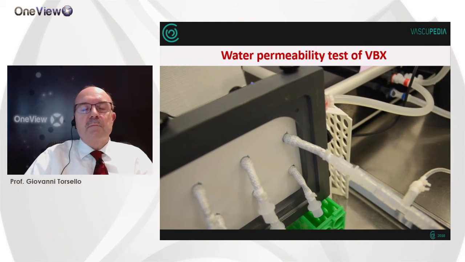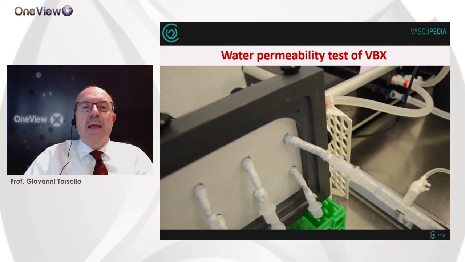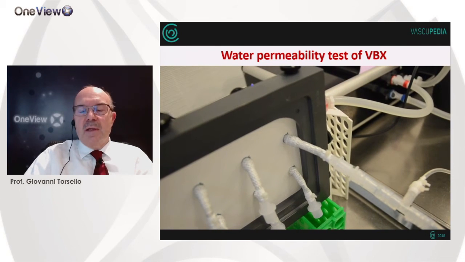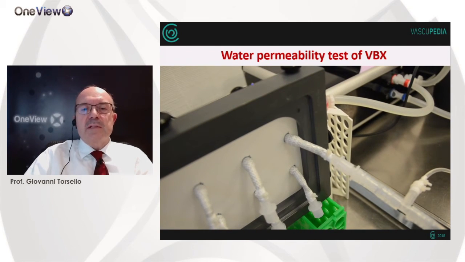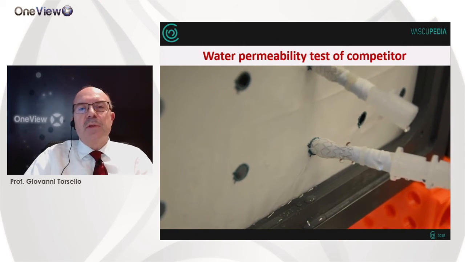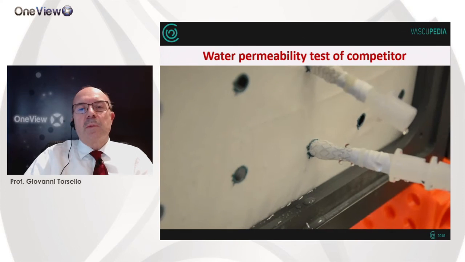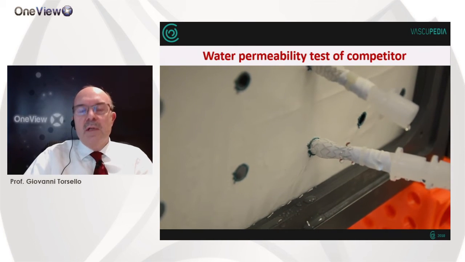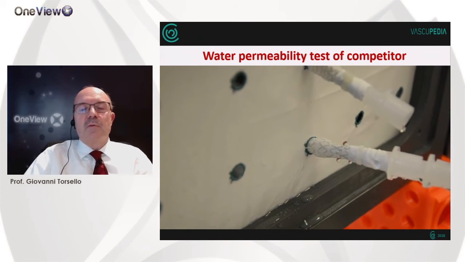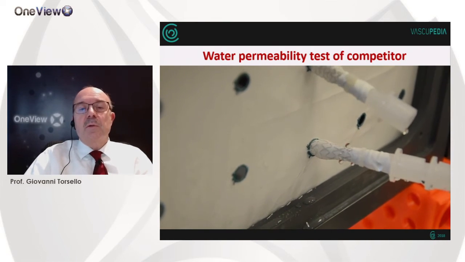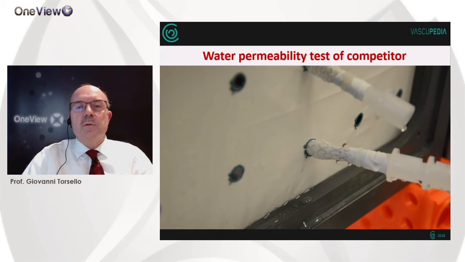And you cannot see any water coming out. But as we did the test with other competitors, you see the leakage through the PTFE coverage of the stent. So the VBX was a really good stent from this point of view.